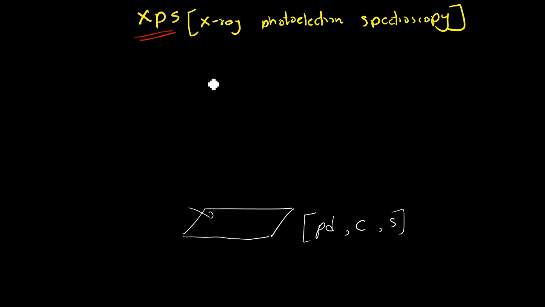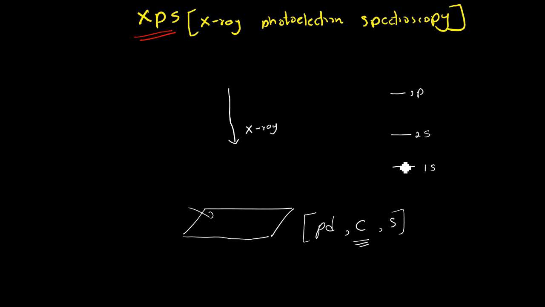So what we are going to do is send X-rays to our sample surface. Now what happens is, let's take carbon. Carbon has 1s, 2s and 2p.